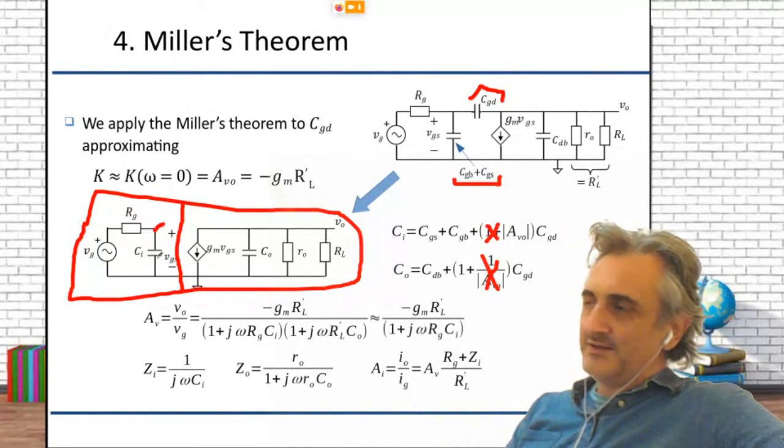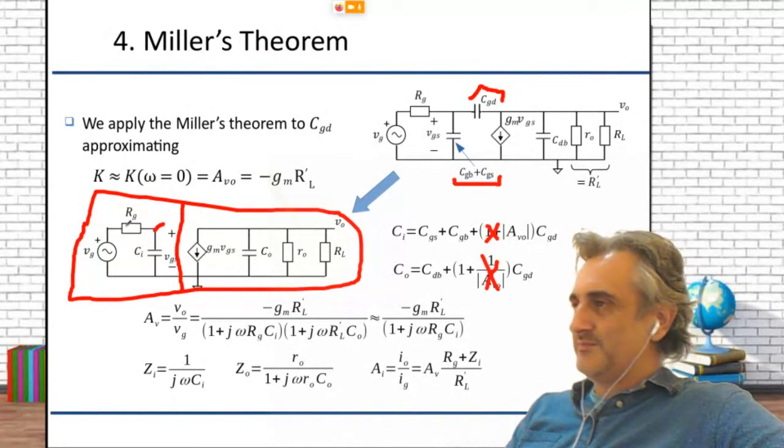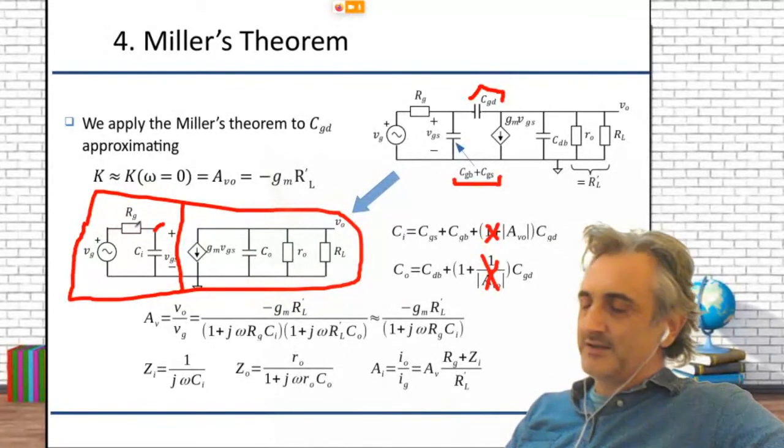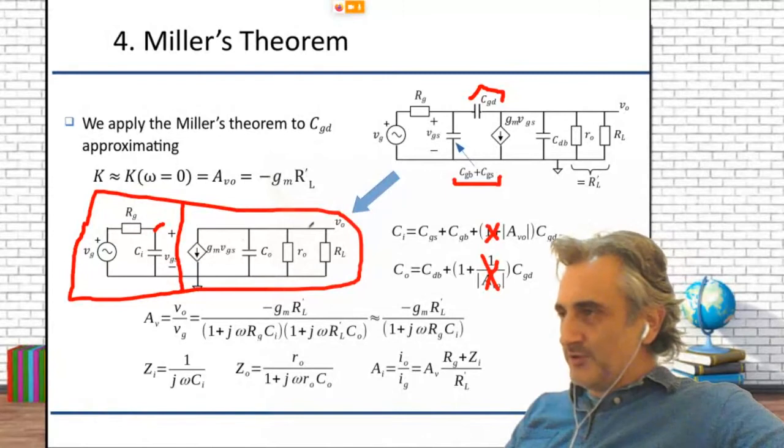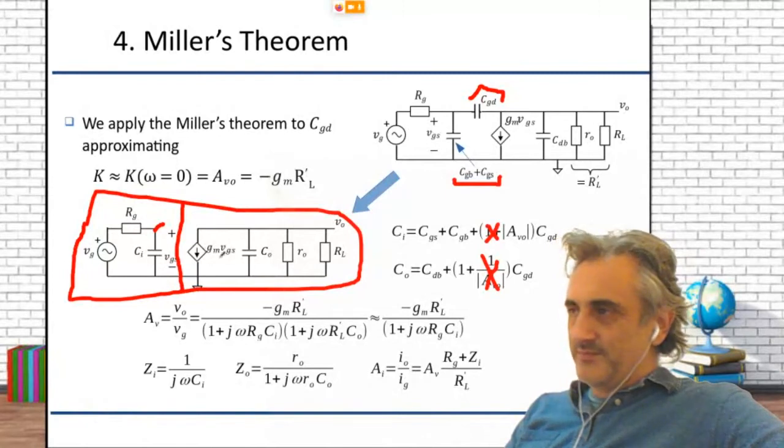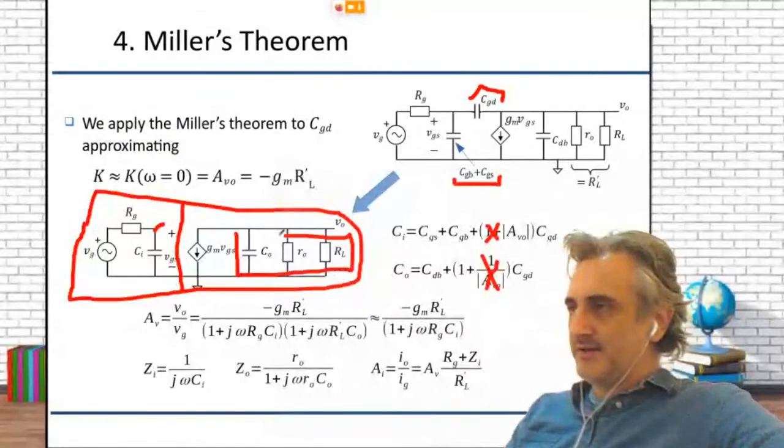This voltage here is simply a voltage divider between this capacitor, this impedance, and the gate resistance and the source resistance. And the output is just the current multiplied by this parallel impedance.